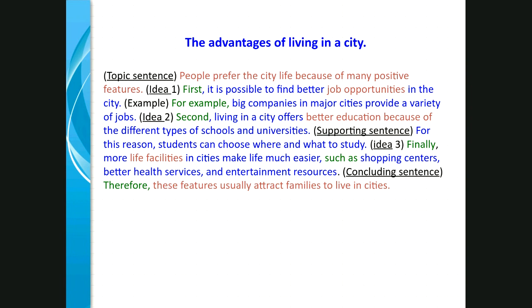Okay, and here I wrote, people prefer the city life because of many positive features.